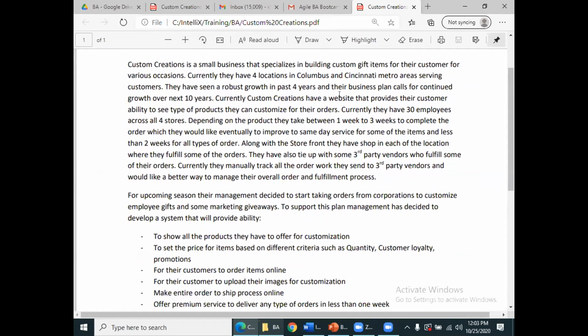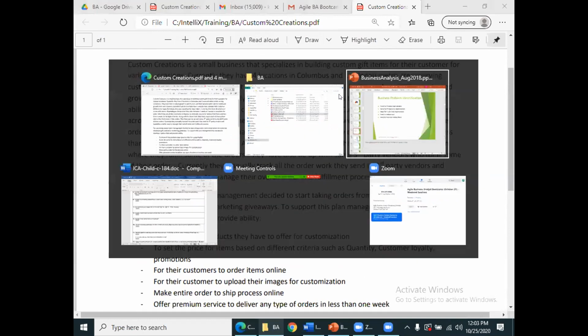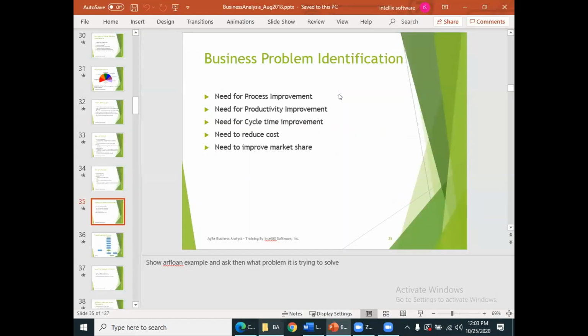What I want you to do, and let me write it down here. Okay. So I'm going to put the categories, right? Process improvement.